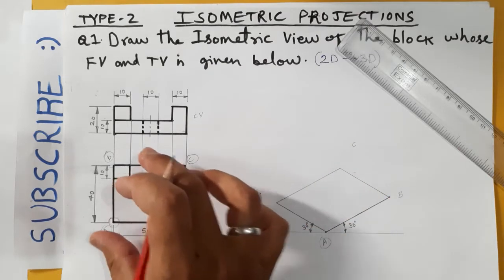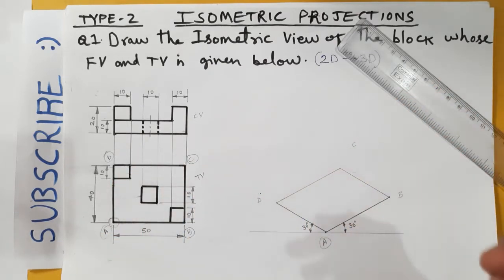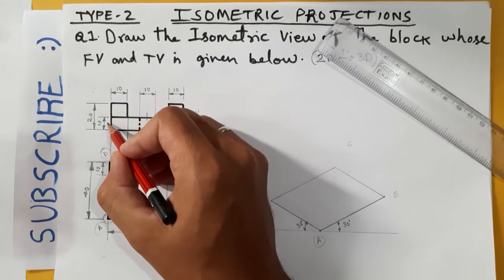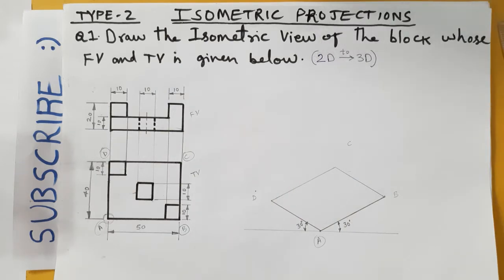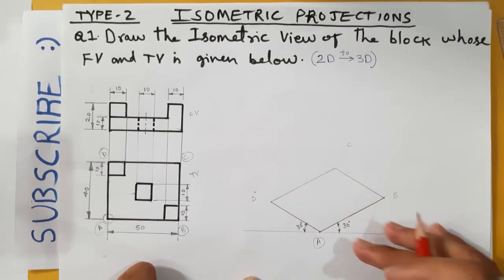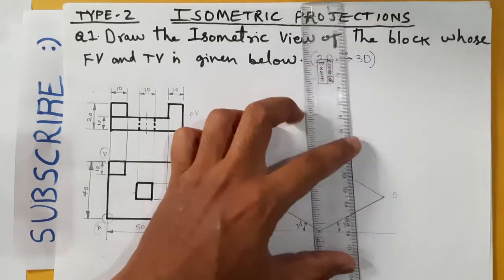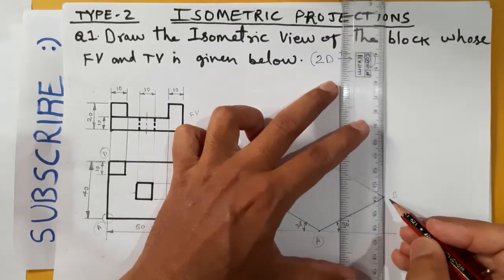So this diagram we have taken in this manner. Now we will give the height. Height of this lower block is how much? Here you can see it is 10 millimeters. So all the corners of this block you have to raise to 10 mm height, vertically upward. Let us do it quickly.